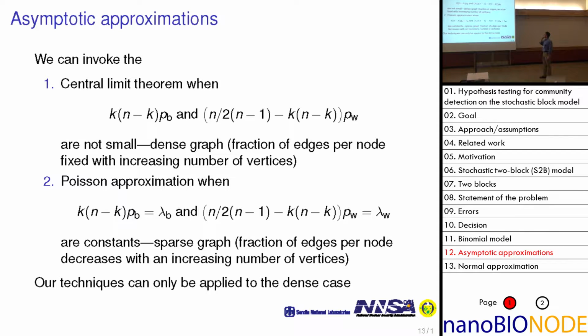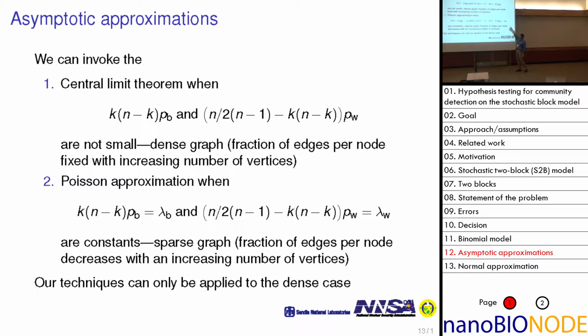Okay. So it turns out that when these two numbers are not small, then you can invoke a central limit application. If you want to consider the more realistic case, where the probability decreases as the number of vertices increases, that would be a Poisson approximation, but the sort of analysis we're using doesn't work in that case.